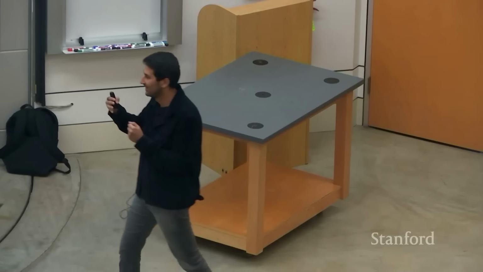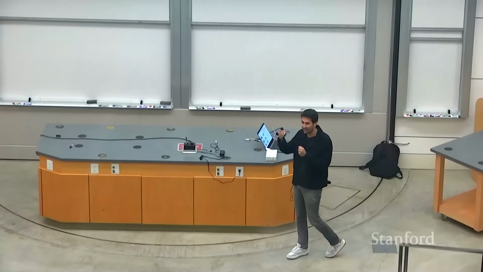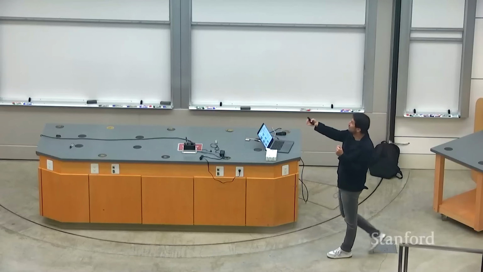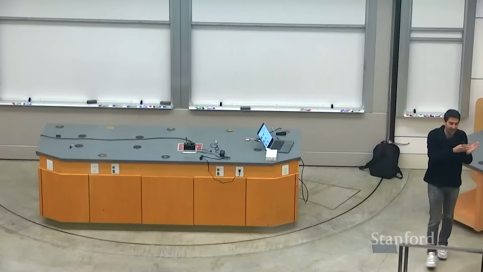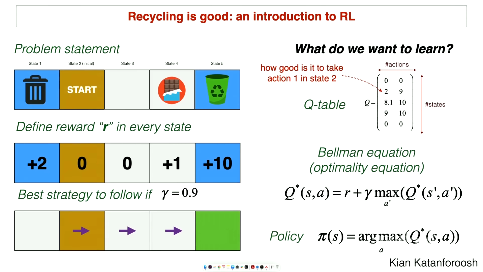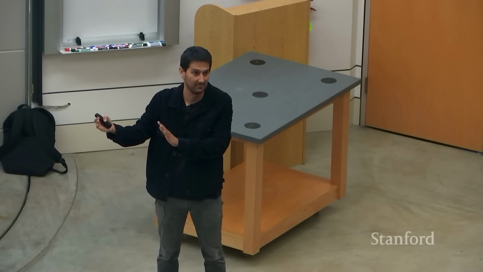Because you've done the backtracking, you will get this equation to be true because it's the reward plus discount times the best next action that you could be taking. Does that make sense? Any question on that? That's exactly the backtracking that we did, by the way. Immediate reward plus discount times the best possible action that you can take in the next state, S prime.